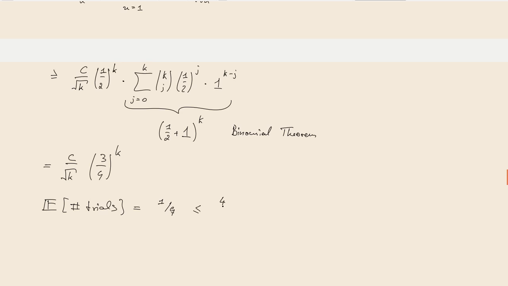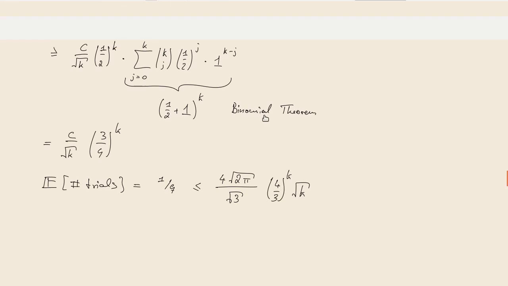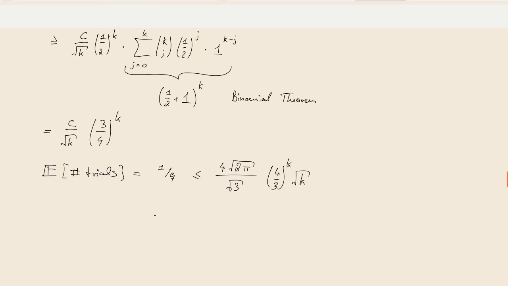Okay, now we can insert our C. And then you recognize that this is the shape of the function of the number of repetitions in the algorithm. And if we multiply by 2, so 2 times this, as always, gives us a probability at least 1/2 to succeed.